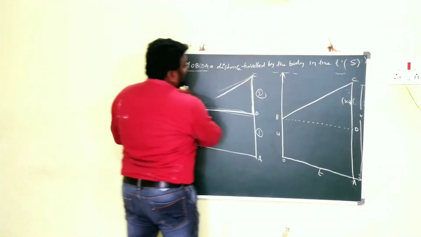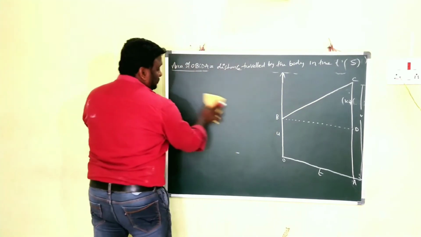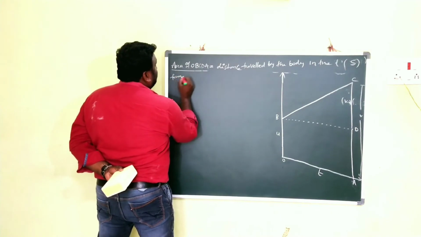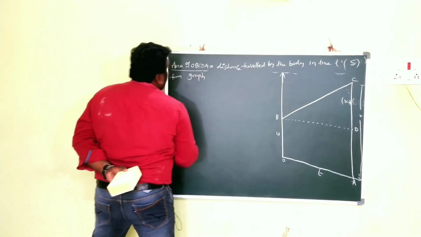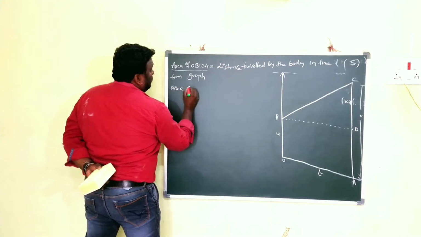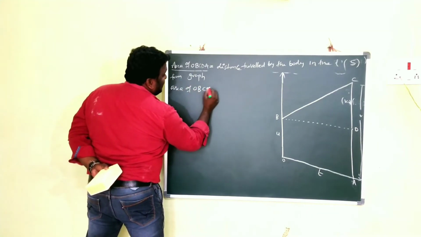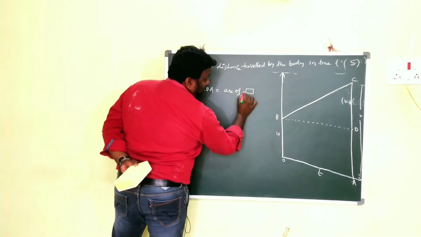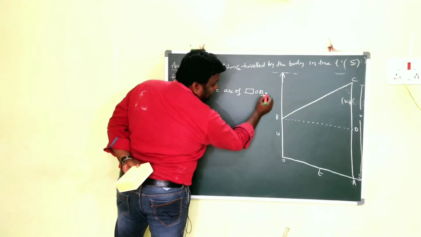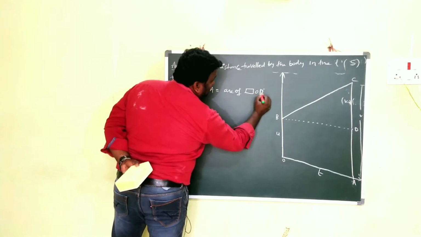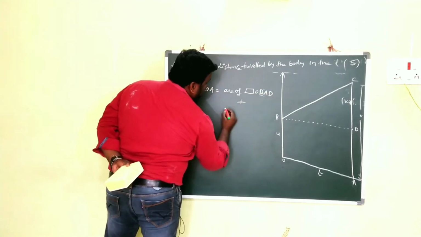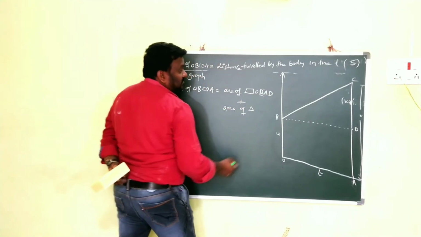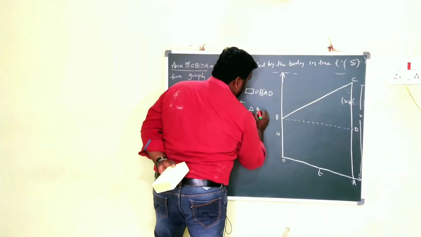Clear? So here we are now writing from the graph, the uniform acceleration graph. The area of OBCDA is equal to the area of rectangle OBAD plus the area of triangle BCD.